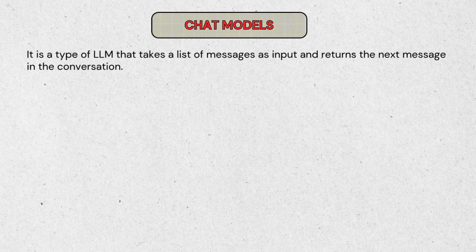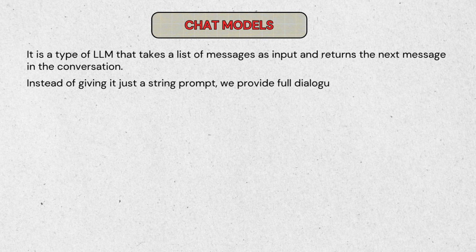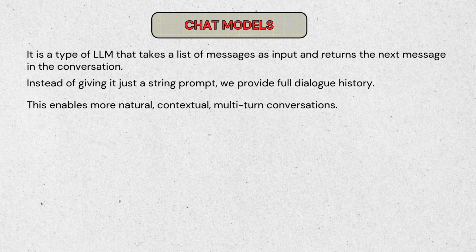Next, we have chat models. A chat model is a type of LLM that takes a list of messages as input and returns the next message in the conversation. Instead of giving it just a string prompt, we provide the full dialogue history. This enables more natural, contextual, and multi-turn conversation. Why do we use it?